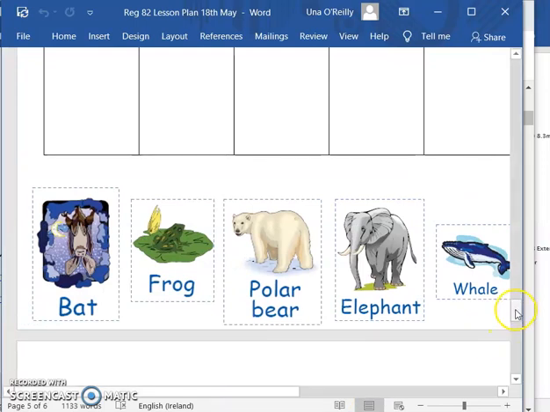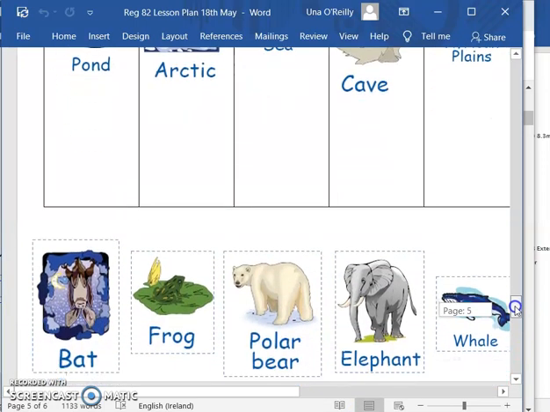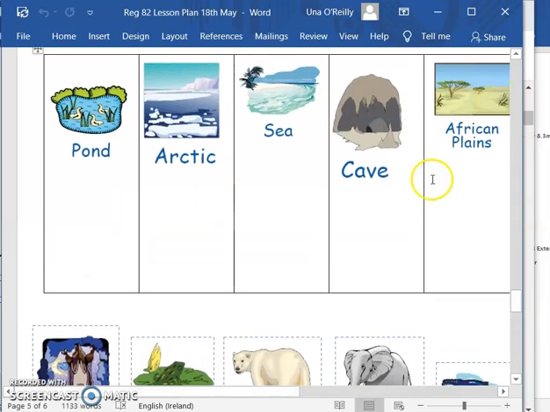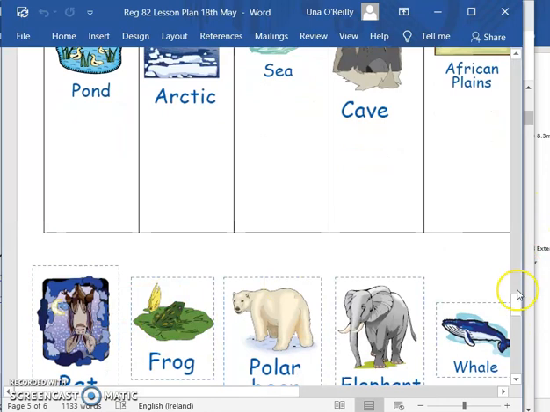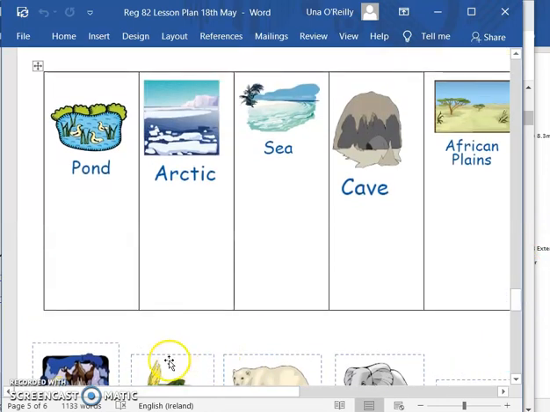Okay, so what I want you to do is try and figure out which environment or which habitat each of these animals would live in. Okay, so for example, the frog here, Mr. Frog there, he would live in the pond. So just draw a line from frog to the pond, and then you have a go at the rest of them.